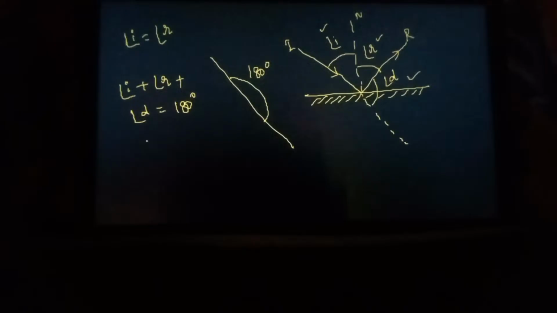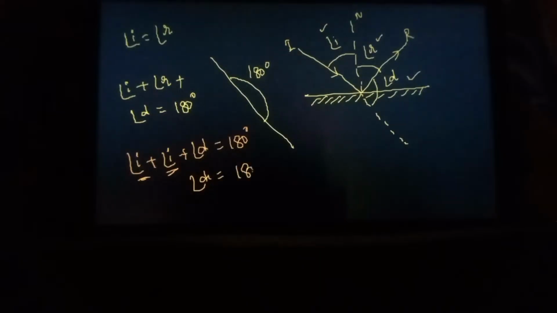Now we know the angle of incidence is equal to the angle of reflection. So in the place of angle of incidence, we can write angle of reflection, and in the place of angle of reflection, we can write angle of incidence. So the angle of deviation equals 180 minus 2 times the angle of incidence.